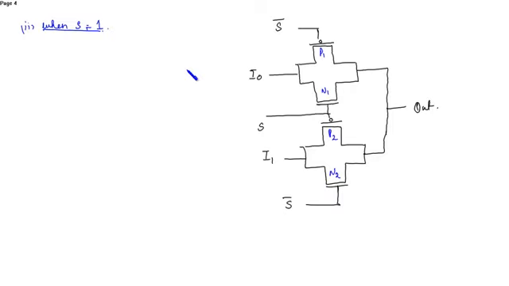Now when S is equal to 1, that means S bar will be 0. So we know that when input is equal to 0, then the PMOS will be on and the NMOS will be off. If it's 1, PMOS will be off and NMOS will be on.